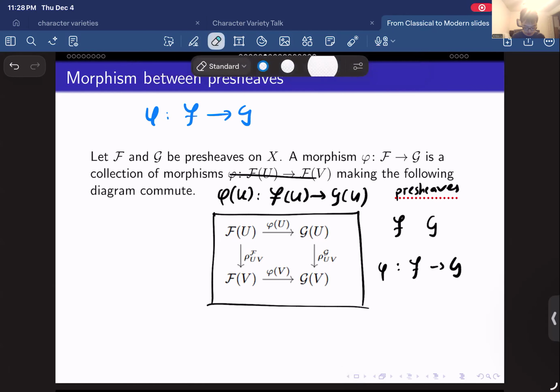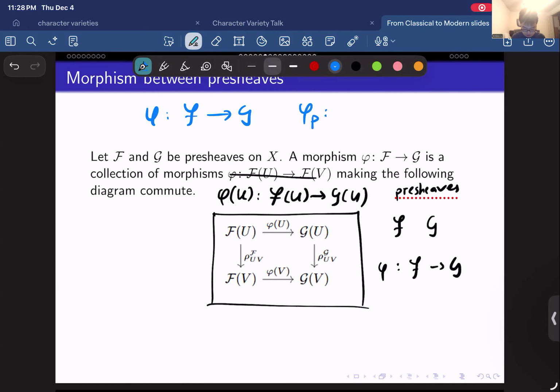This defines a very natural, very intuitive map on the stalks. I denote the map on stalks as phi p. This map is defined by what you would guess: if I have a section s, it is mapped to phi U of s.